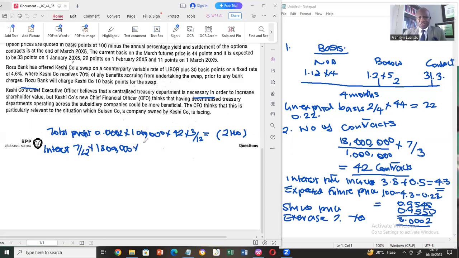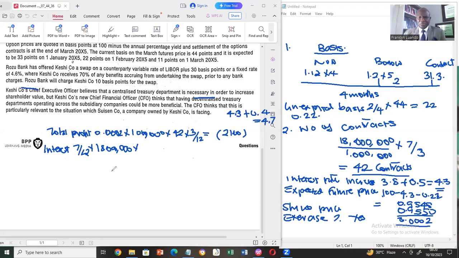When the interest increases we have 4.3, so we can borrow at 0.4 plus, which means we can borrow at 4.7.